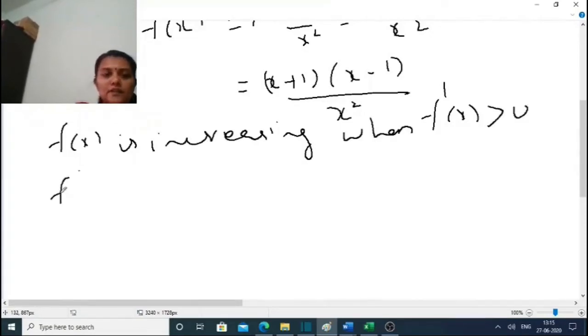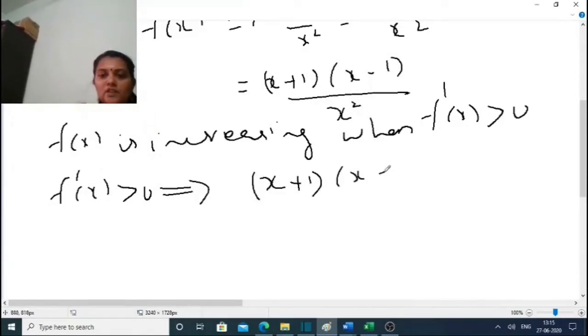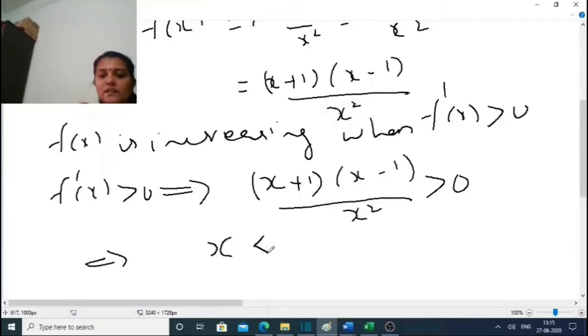So x plus 1 into x minus 1 by x square greater than 0, which implies x greater than 1 or x less than minus 1.